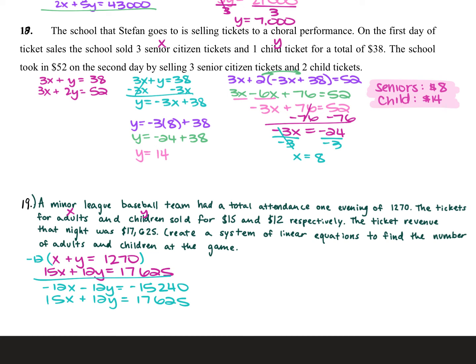From here, we can just combine like terms. Your y's cancel. The negative 12x plus 15x is 3x.